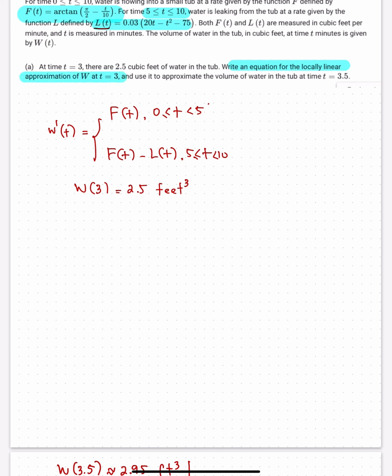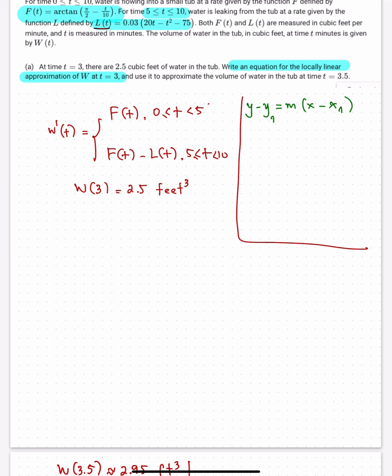Like I told you before, in this case we should write the tangent line of W of t at t equal 3. An equation for a tangent line has two forms. First, y minus y1 equals m times x minus x1.